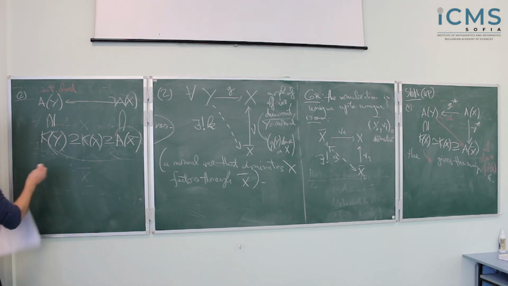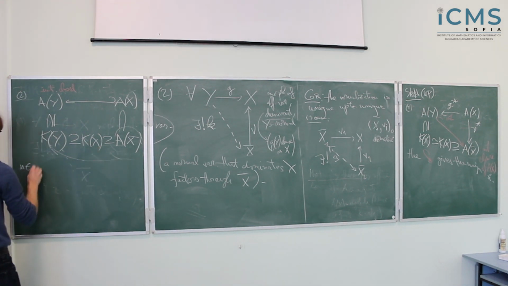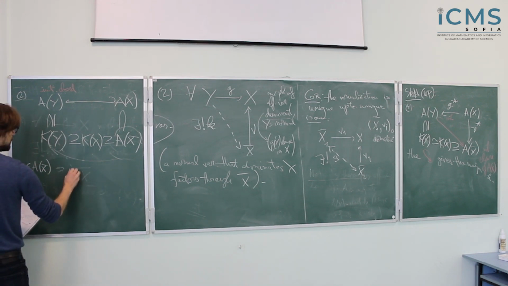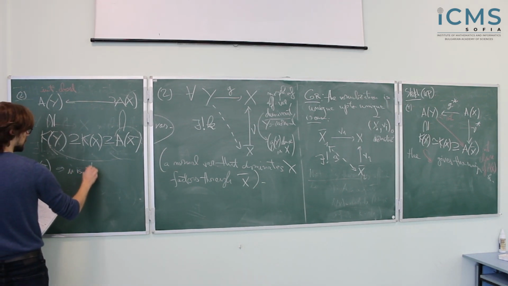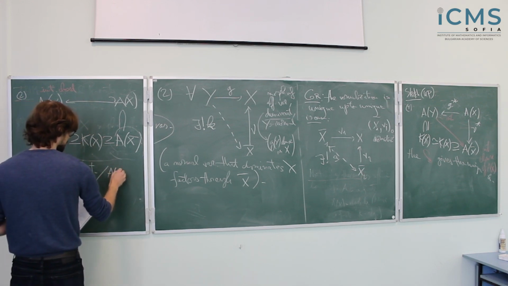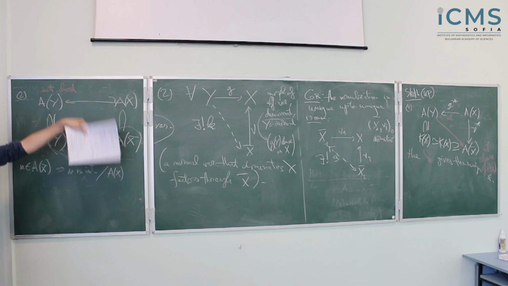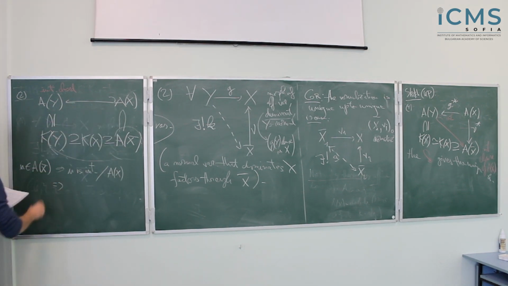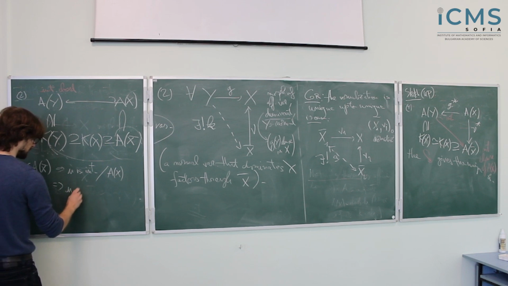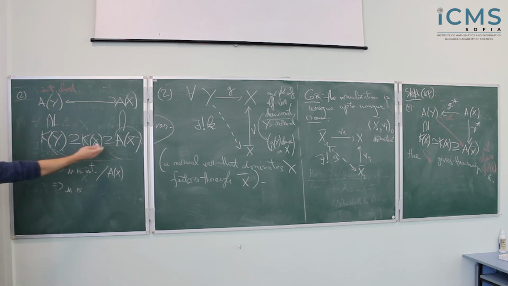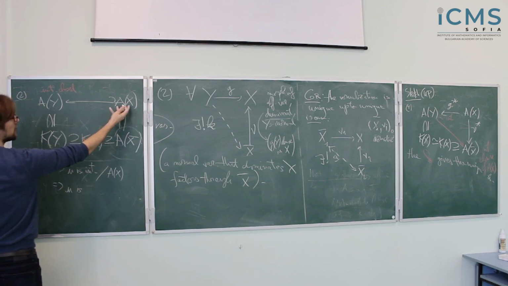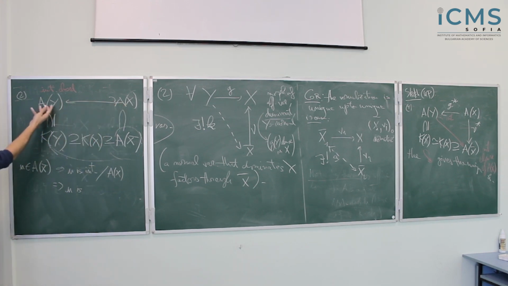So if I take an element u of A(X bar), u is integral over A(X). This is just because this is the integral closure. This means that if I consider u as an element of K(Y), not just K(X), then if it's integral over A(X), it is also integral over A(Y).